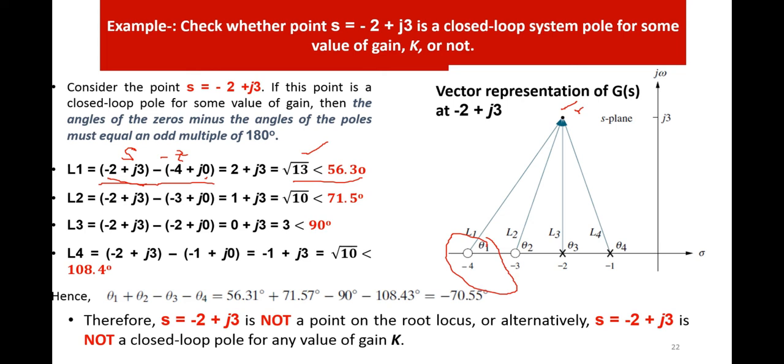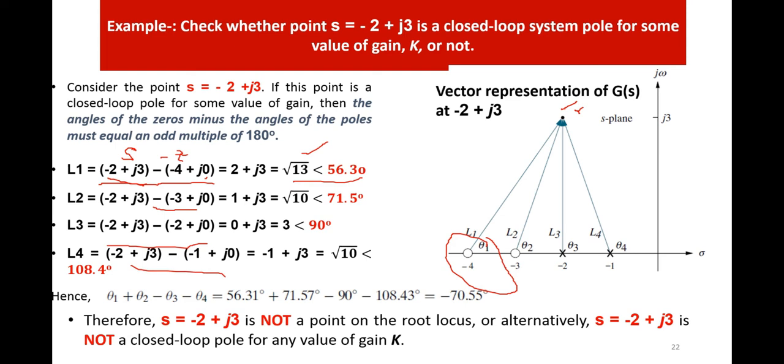And similarly we can find the length of all the lines at this point by using the same criteria. Again, this is also for the other zero, similarly for the other pole and also for the other poles.